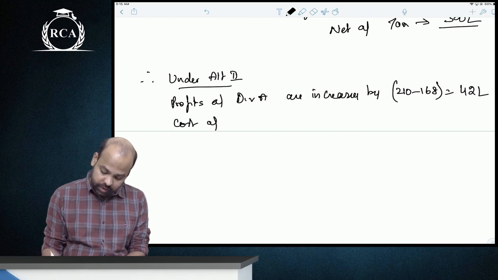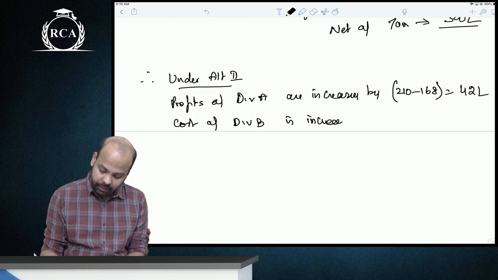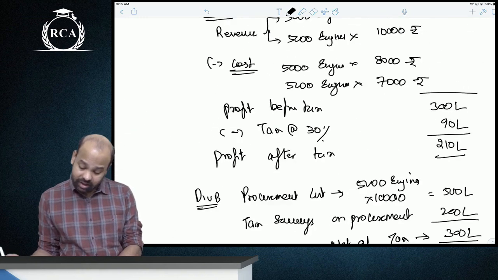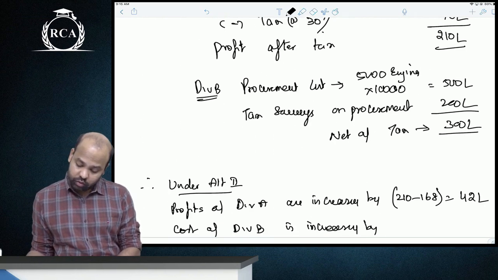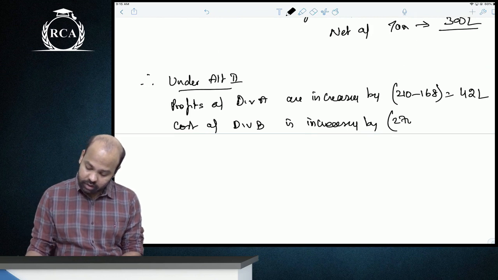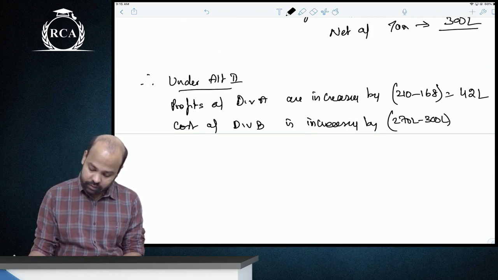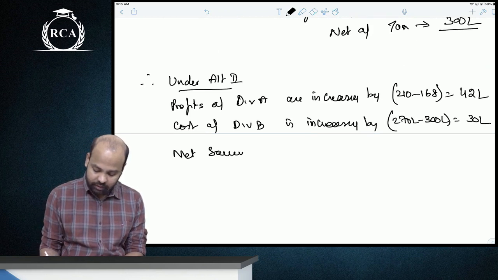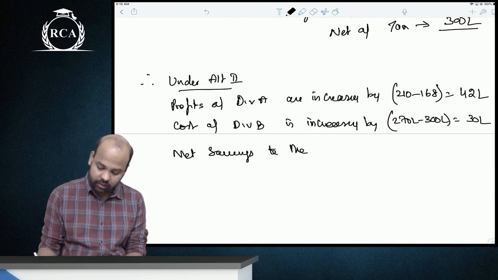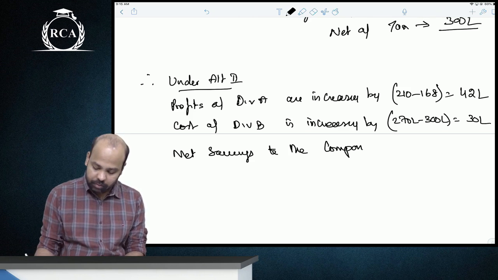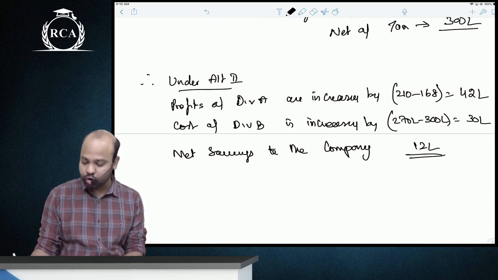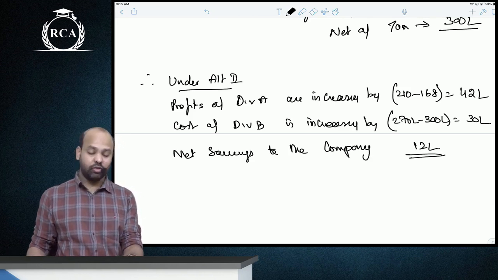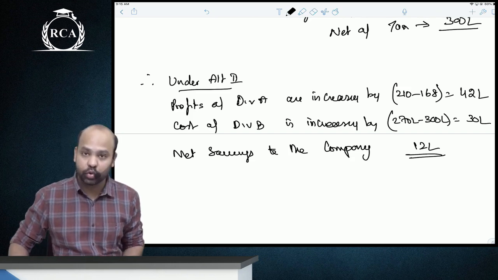Even the cost of division B is increasing here. Earlier their cost was 270 lakhs, now their cost is 300 lakhs, 30 lakhs more. The net savings to the company would be 12 lakhs net of taxes. The company as a whole would save 12 lakh rupees. This would be the advantage of alternative 2.